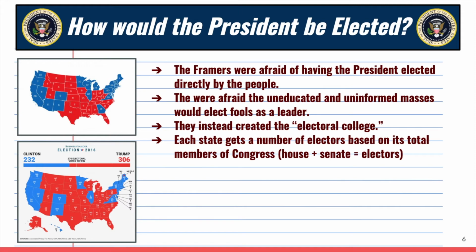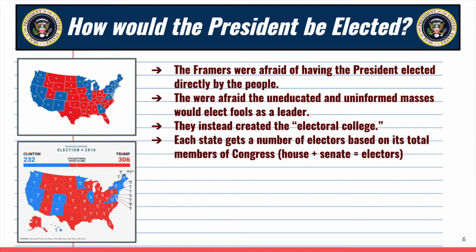So, in the last lesson, I told you how the House of Representatives is based on the population of the state, how each state gets 2 senators. Well, if you add up the number of members of the House of Representatives and the Senate that each state has, that's how many electoral votes it has. So that number changes every decade after the census.